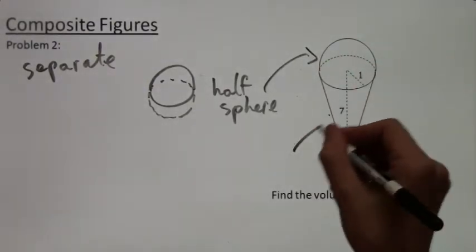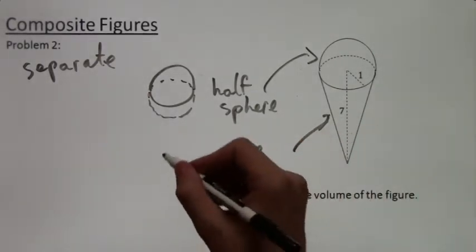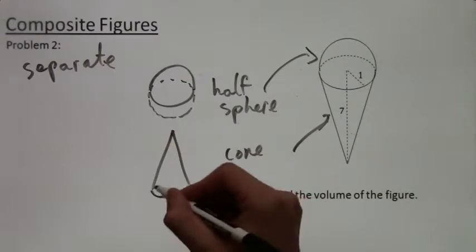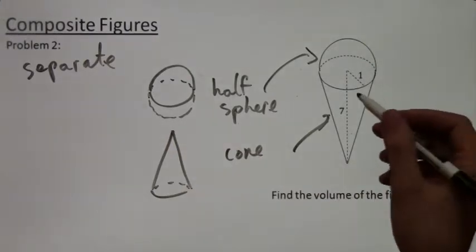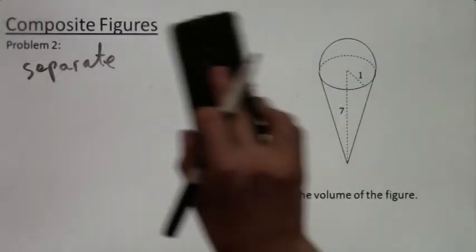And then under that, we have a cone. So you've got to recognize these shapes individually and separate the more complicated figure into both of them. So we're going to start with the half sphere.